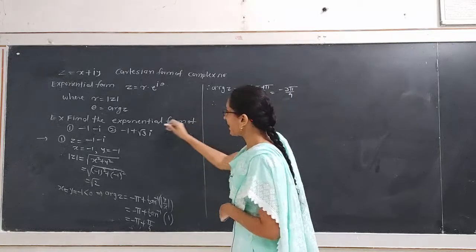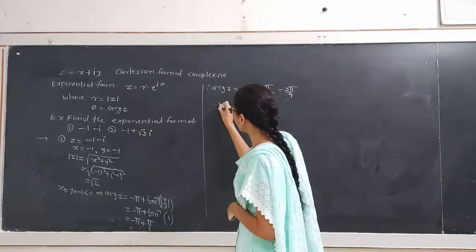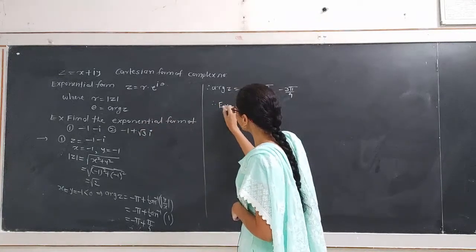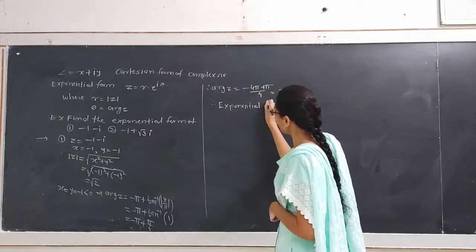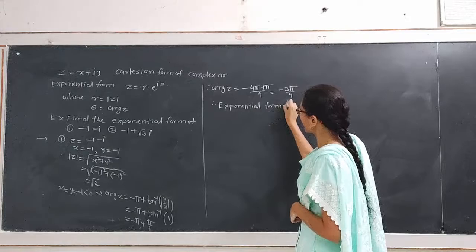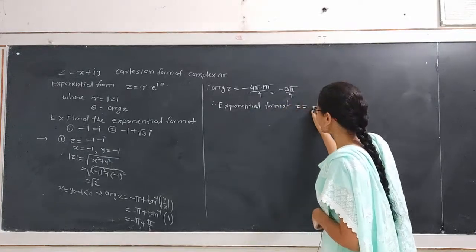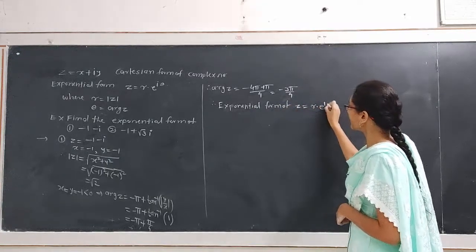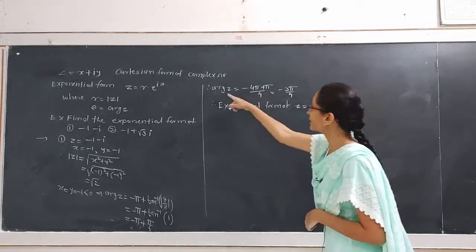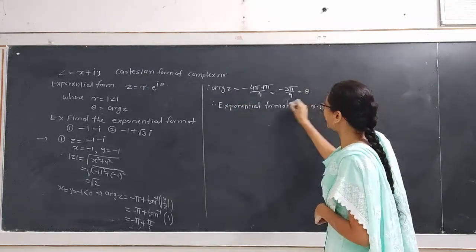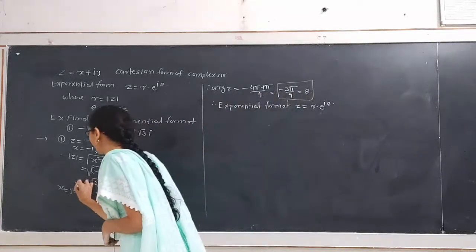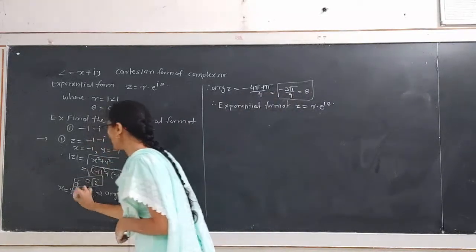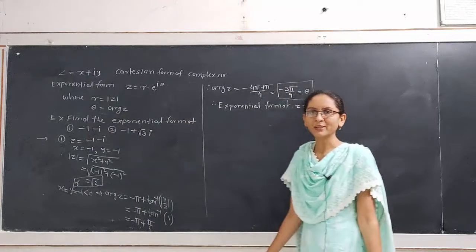Hence, the required exponential form of complex number z is equal to r into e raised to i theta. We denote this argument of z by theta and modulus of z by r. These are the only notations. For mod z, we represent it by r.